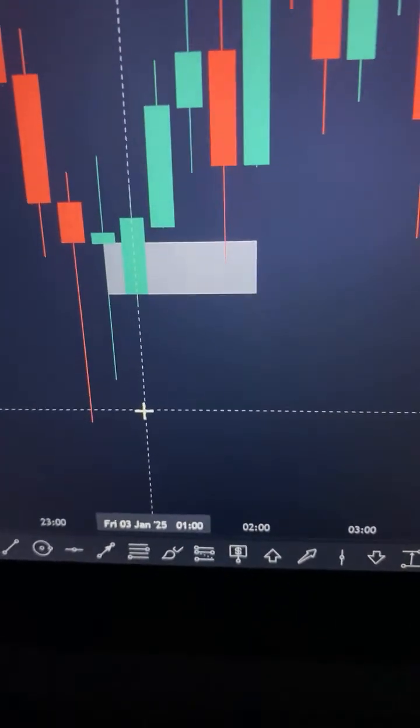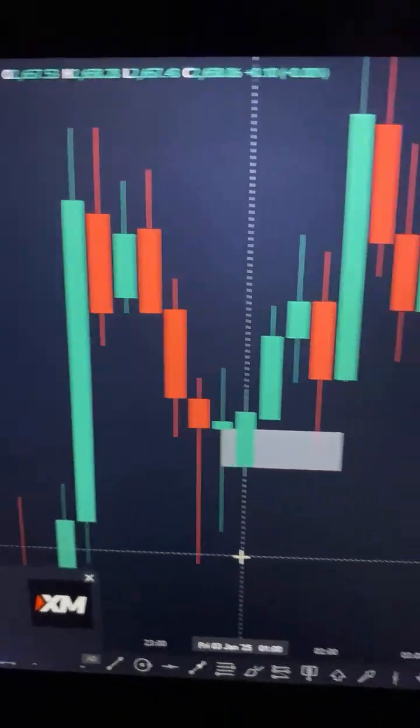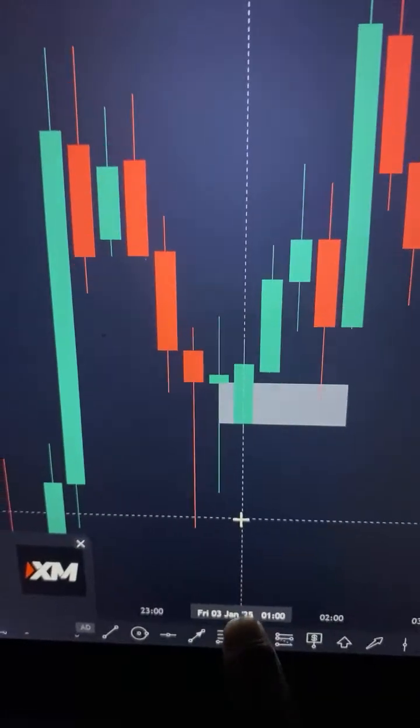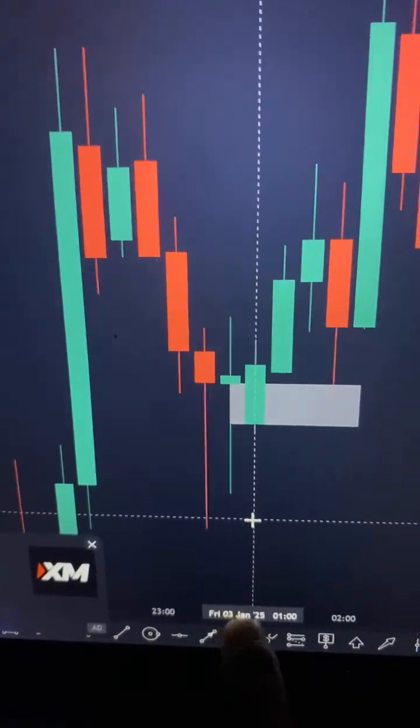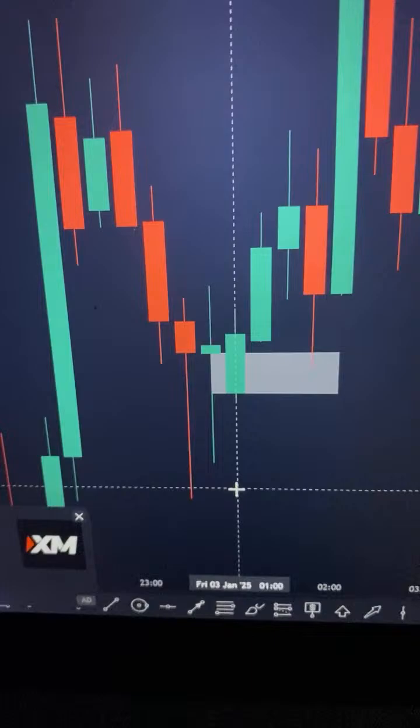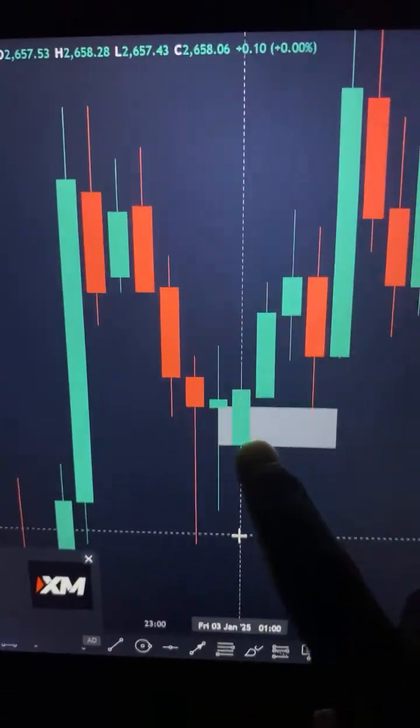This is 23:45, and the following candlestick that opens there is recorded to be 1 o'clock. With time, obviously, there are certain other platforms that can show you candlesticks that were printed between 23:45 and 1 o'clock. But that's not a problem if your platform is showing the same.